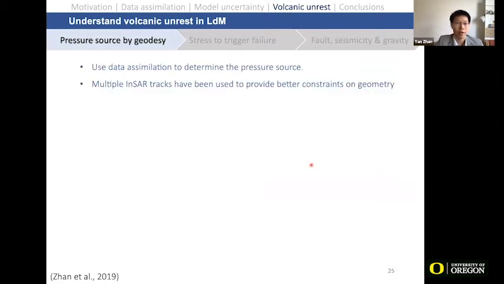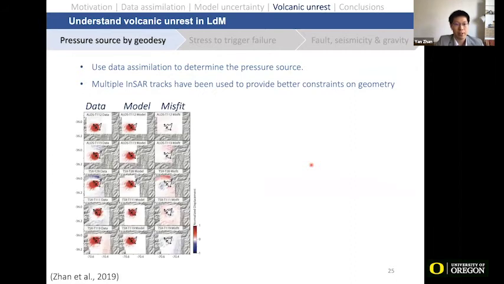So now we are going to use the data assimilation with the geodetic data to determine the pressure source by our model. We are using multiple InSAR tracks. Since they all come from different looking angles, it can give us a better constraint on the geometry. Our model shows it's pretty consistent with the observation by the InSAR.